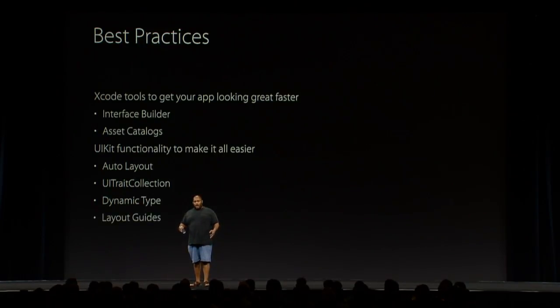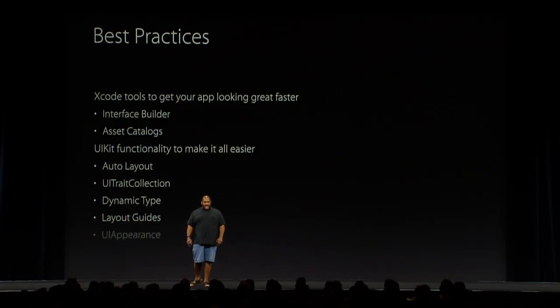Layout guides are a great way to pass auto layout information down the hierarchy, and we're going to discuss some of the layout guides that UIKit provides by default. And finally, UI appearance is a great way to declaratively specify how you want your application's controls and views to look. So let's go ahead and start with asset catalogs.